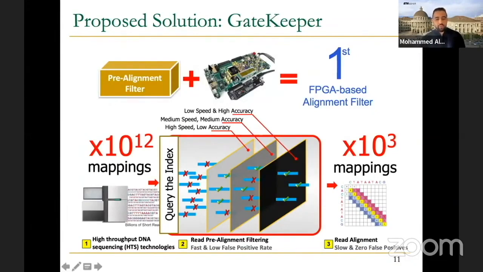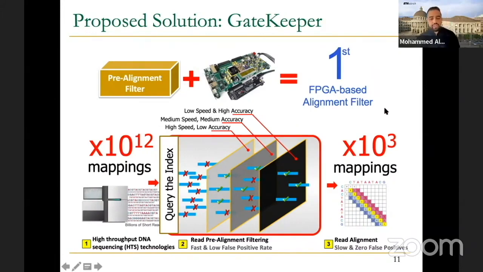GateKeeper, at the time when we proposed it, was the very first pre-alignment filter to be implemented on FPGA, or accelerated using hardware. What we do is, we have the sequencing over there, providing all these genomic sequences, very short or long, but still not as long as a chromosome, for example. And we have the index, the hash table, that tells us each location or each piece of this read might have similarity with the reference genome at this location: 1, 10, 100, 1,000, for example.